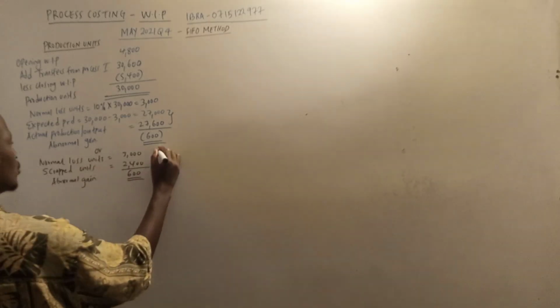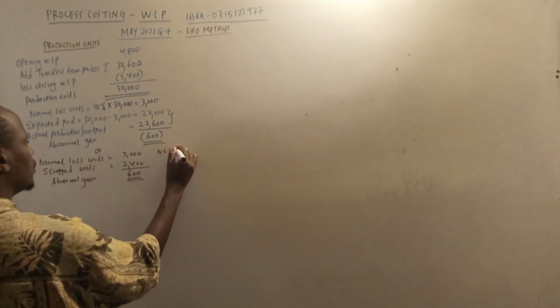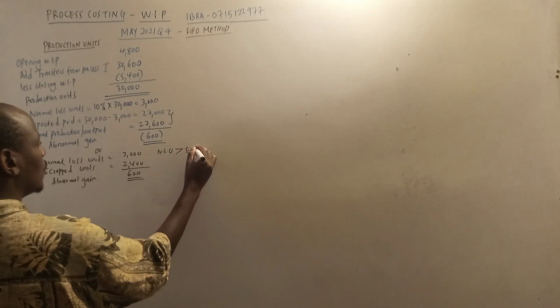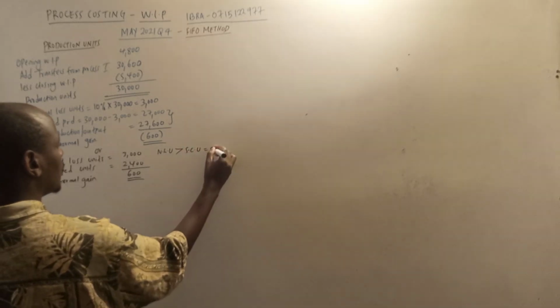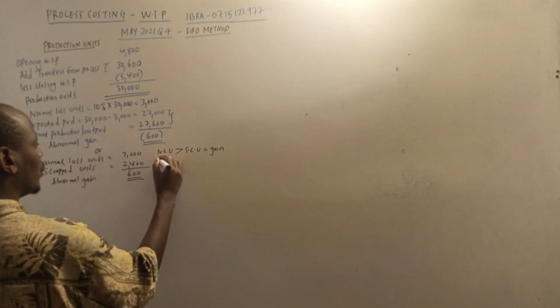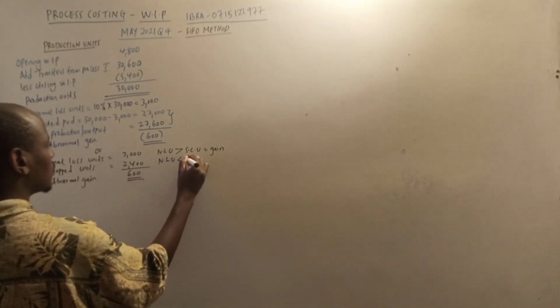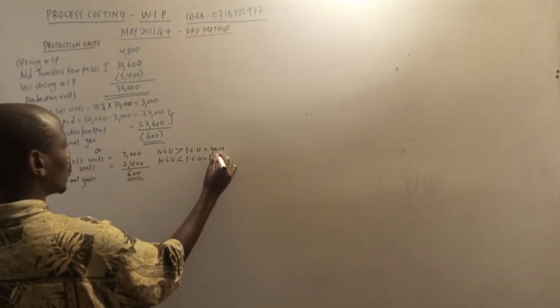When normal loss units is greater than scrapped units, it's a gain. But when normal loss units is less than scrap units, it's a loss.